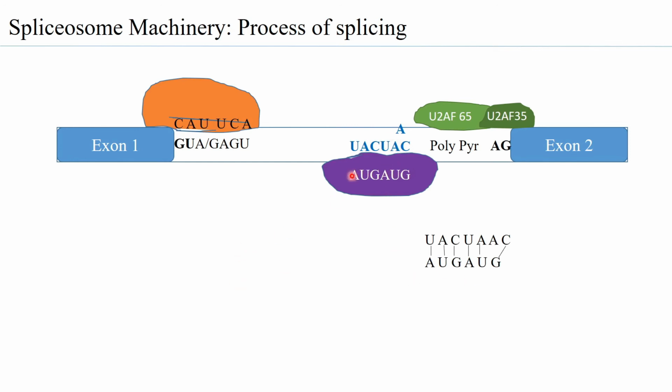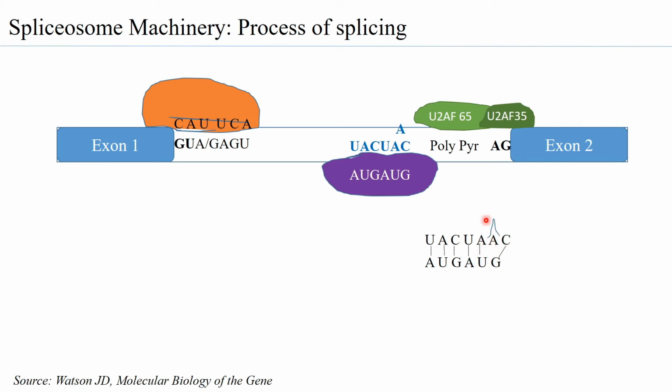The catch is that this sequence of the branch point has UACUAAC. But the snRNA of the U2 snRNP has a sequence that is complementary to 6 of the nucleotides of the branch point, but there is no complementary sequence for this A. And this A is the highly conserved A. So effectively what happens is that the U2 snRNA interacts with all the 6 nucleotides except the A, which is highly conserved.